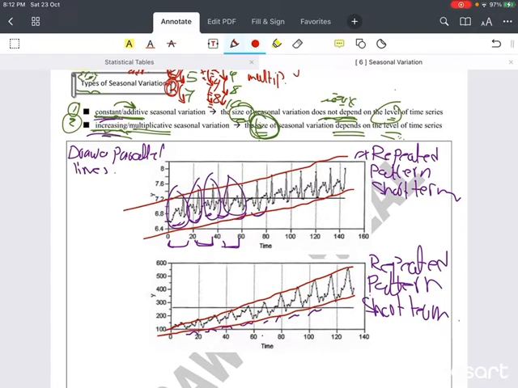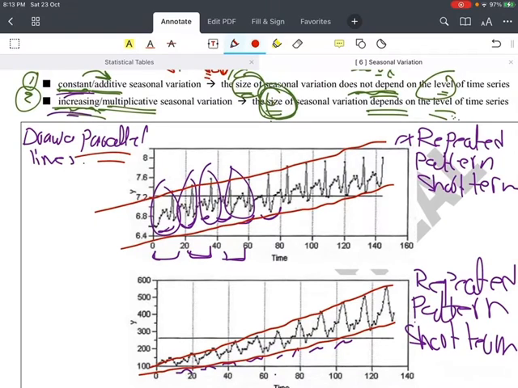Then what we will do: if they are exactly parallel, not connecting, okay, so these lines are parallel, not connecting, and the space is equally likely. The space is equal and constant. The space is constant, it does not change. And the two lines are exactly parallel.